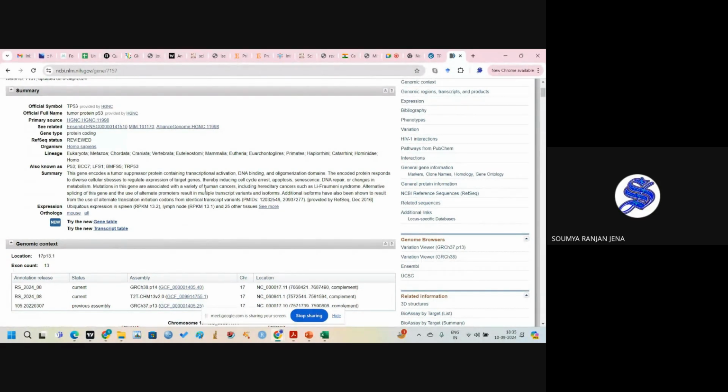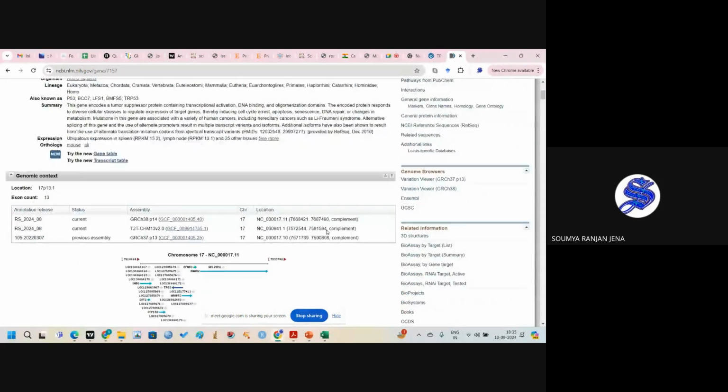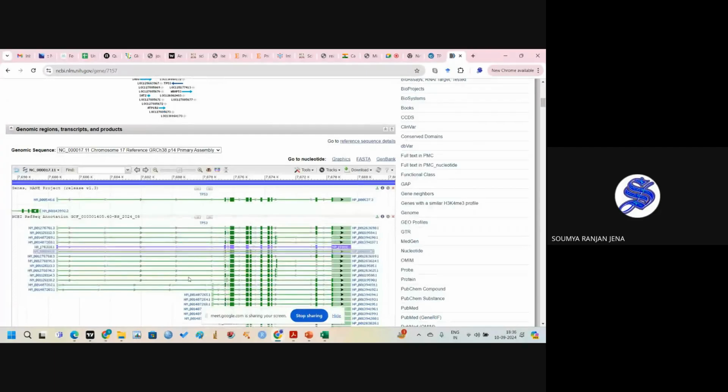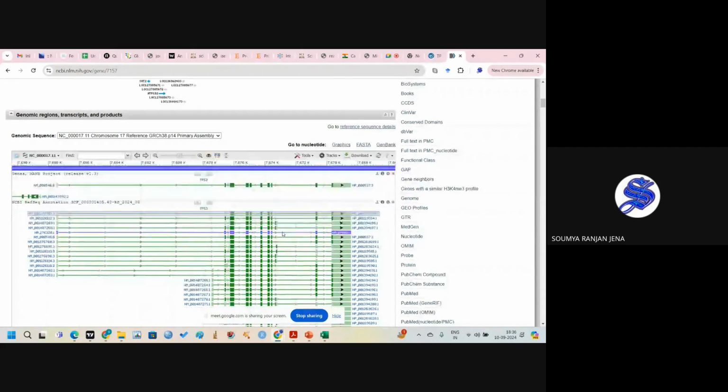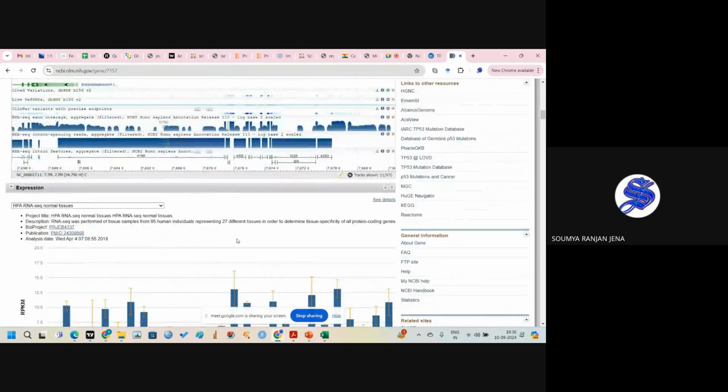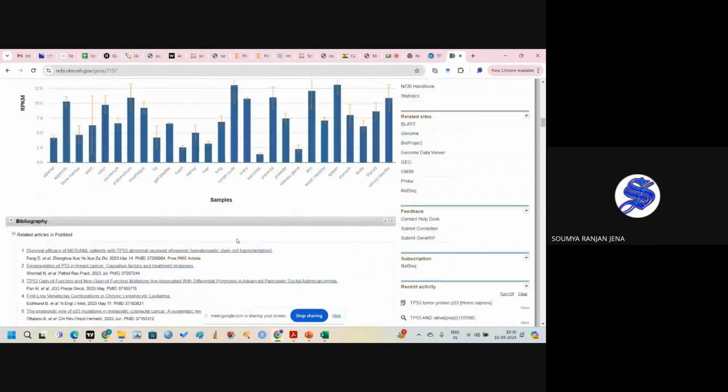All the functions you can find here, and what is the location of that gene, that is in Homo sapiens, chromosome number 17, and here this is called chromosome number 17. What is the open reading frame, how it starts and how it ends, all the data you can find in this NCBI database.